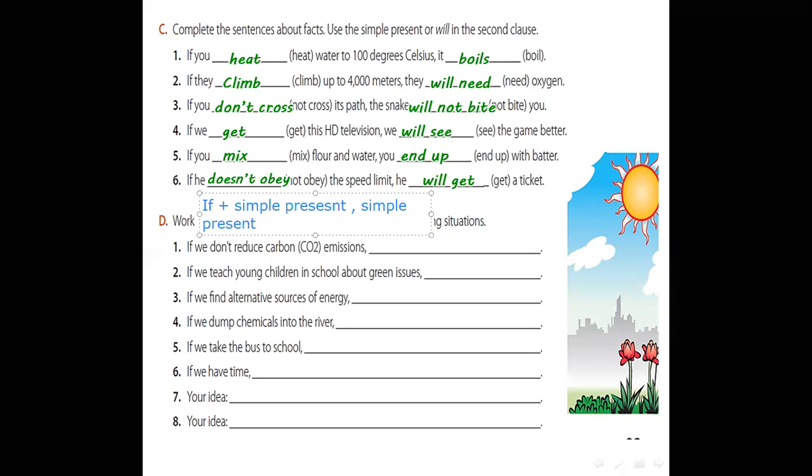Or we can use if plus simple present, and future form, will plus base form. Is it easy, my dear students?